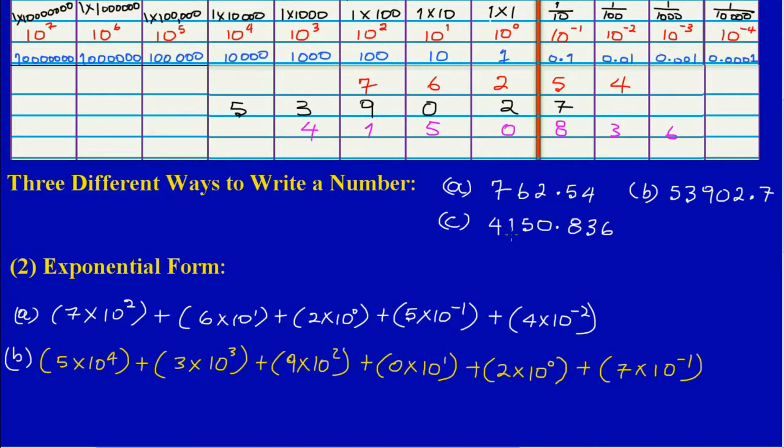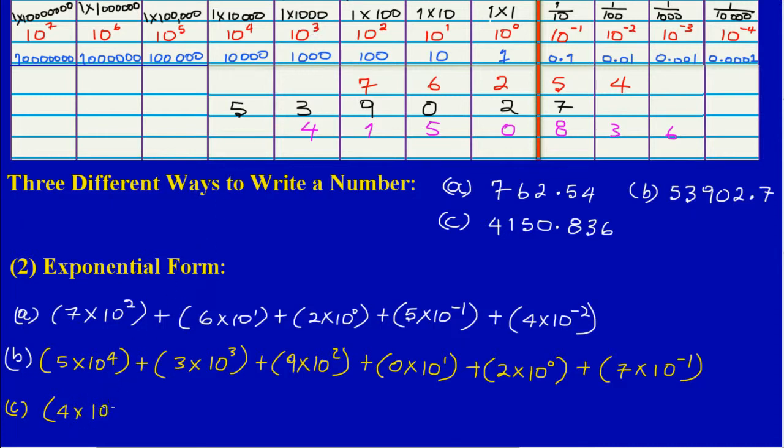All right, so again here, I'm now focusing on the third number, the number in part C, which is 4150.836. For part C, our final number in exponential form, if you notice, the 4 here is in the thousand column. So we would have 4 times 1,000, which is 10 to the third power.